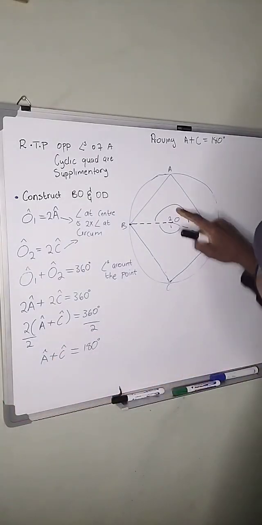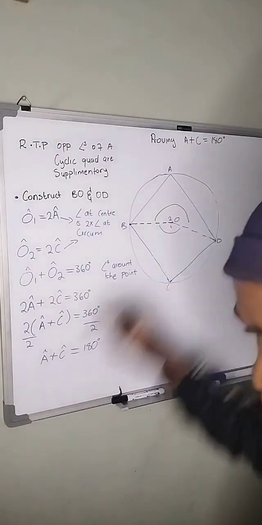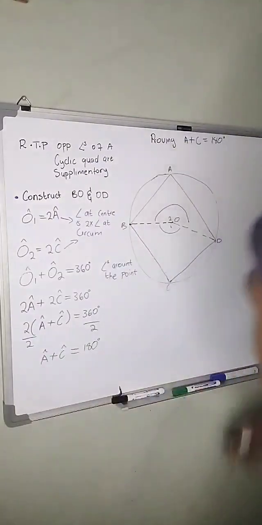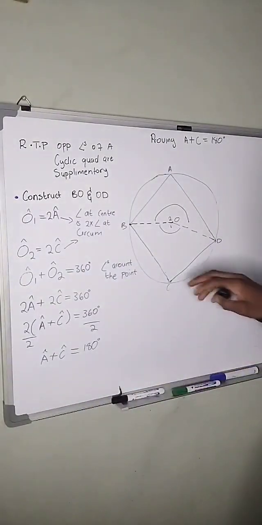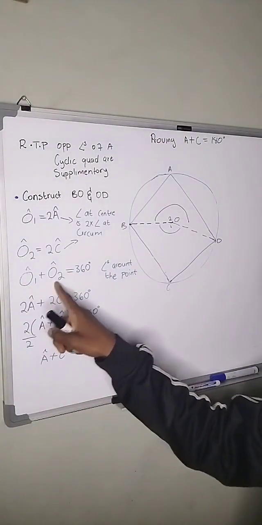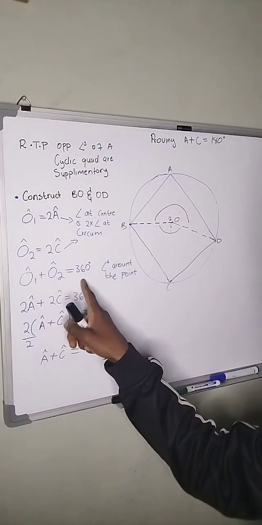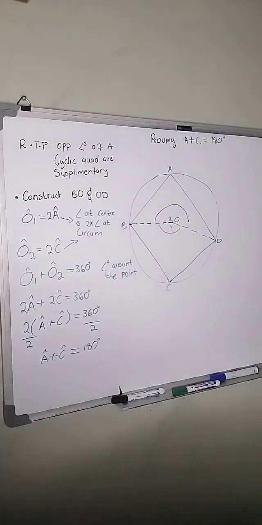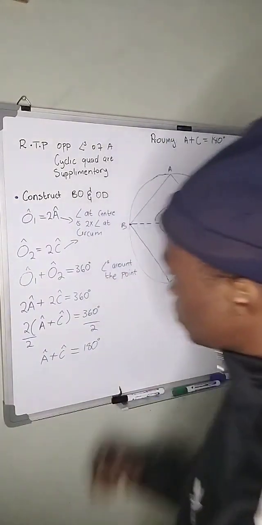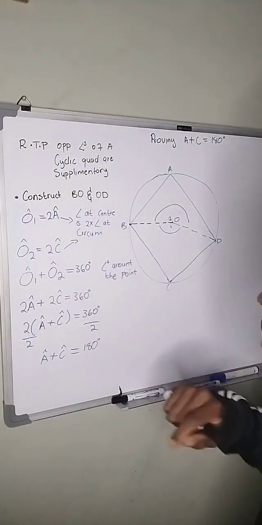So this is twice that. Since this is going to be twice that, obviously, what are we going to have? We are going to have O1 plus O2 equal to 360, the angles around the point.